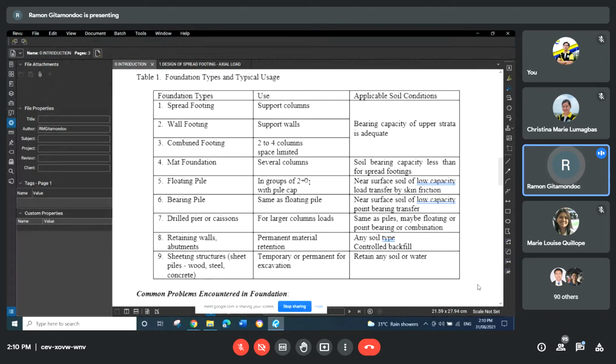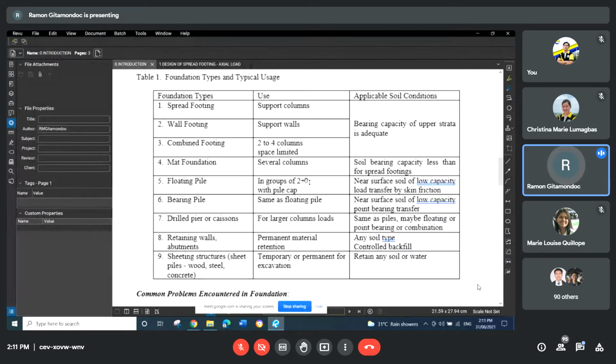So as regards the spread footing, the usage is that it is used to support columns with relatively light load, but can also support heavy loads in case the soil has strong or high bearing capacity, no? So for wall footing and combined footing, combined footing can support 2 to 4 columns or even more, no?